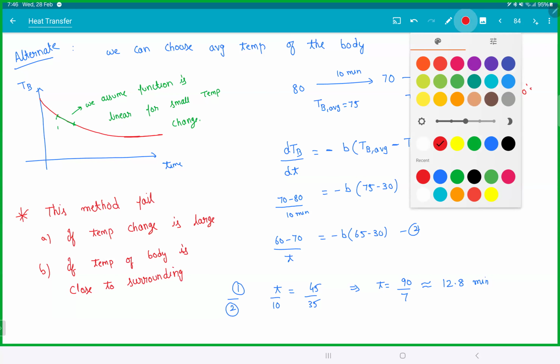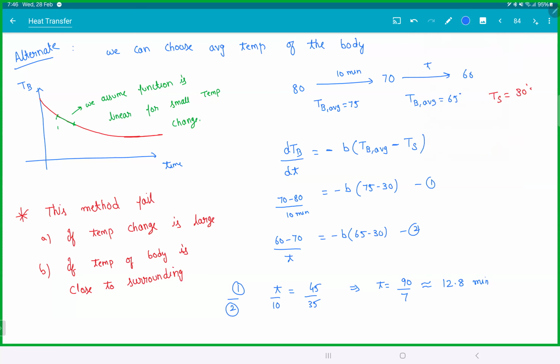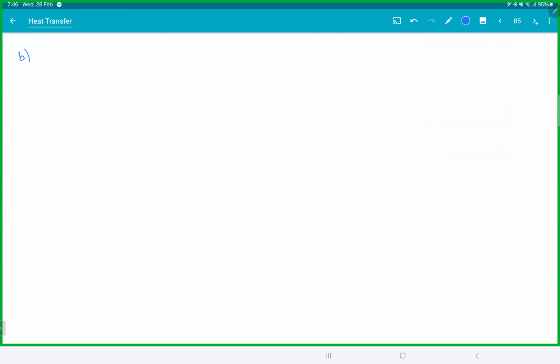Clear with this average method? Let's see one question on the average method. Any doubts on this, please ask. Turning the page. Clear, Aryan, Lakshika, Ali? Same question. Now you guys try. Suppose 80 to 70 degrees takes 10 minutes. 70 to some temperature, if I give another 10 minutes, what will be the temperature?